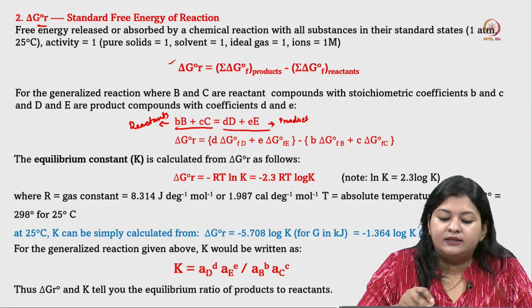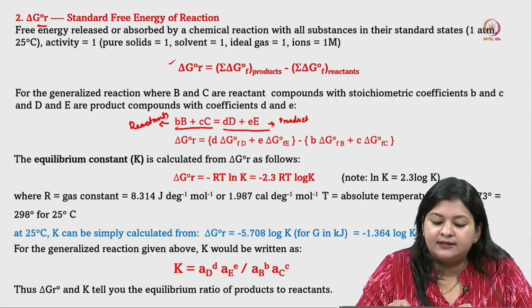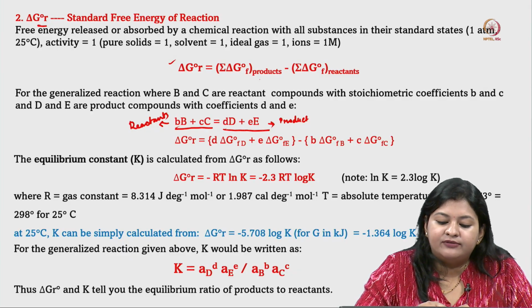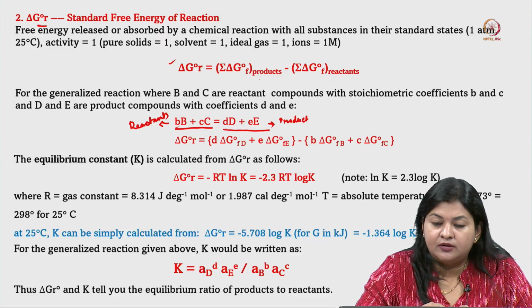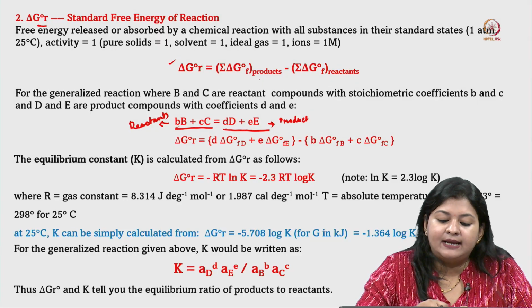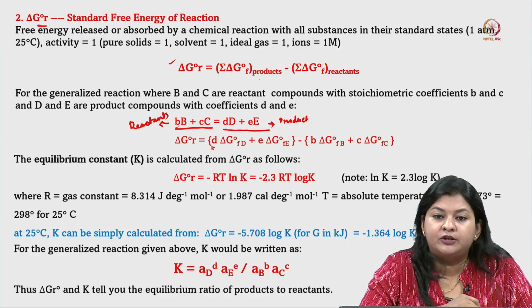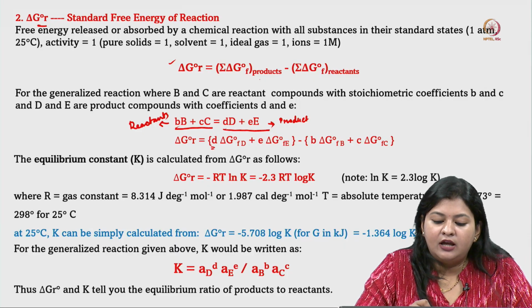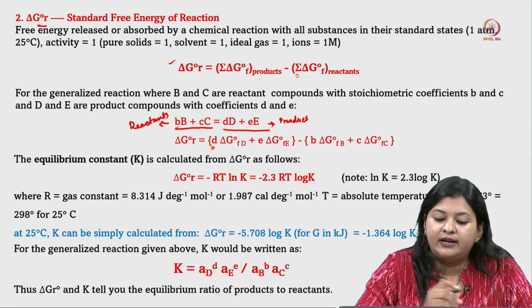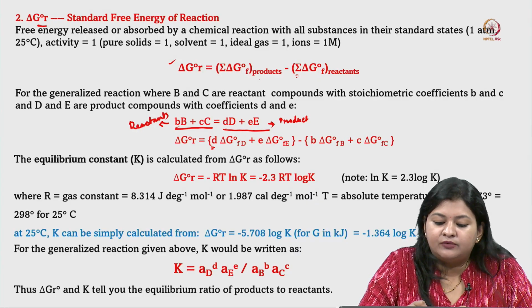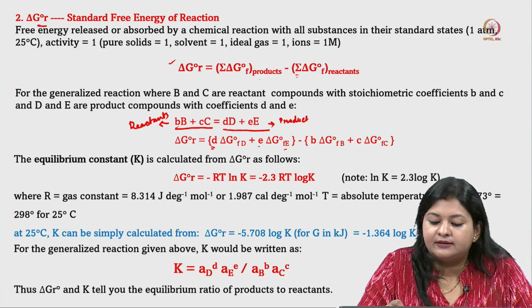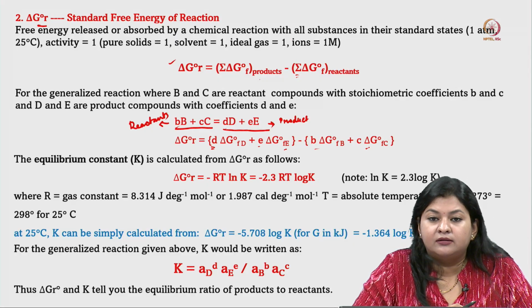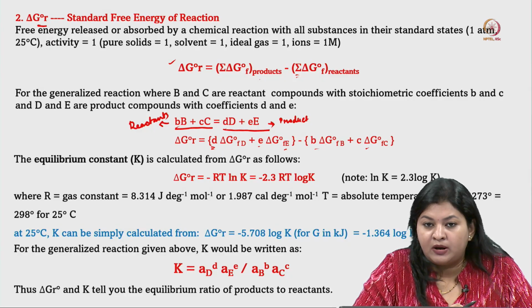So, it is my product minus my reactants. Delta G0 F is the formation energy of D, and it has to be multiplied with the stoichiometric coefficient. You just go on summing. So, this is the summation, plus whatever E, into delta G0 F of E, minus all the same for the reactants, the sum of the delta G0 F of the reactant compounds.